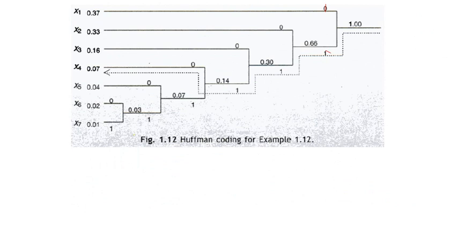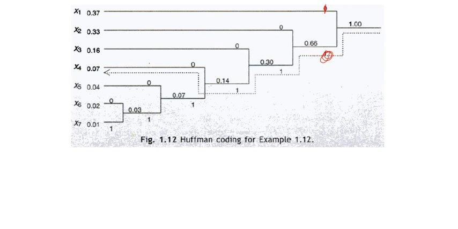Okay, it should be 0 and it should be 1 because in 0.37 and 0.66 the least one is 0.37. So the least one is always we are assigning with binary 1 and greater one is assigning with binary 0. Okay. Now what we do, we come from right to left side.